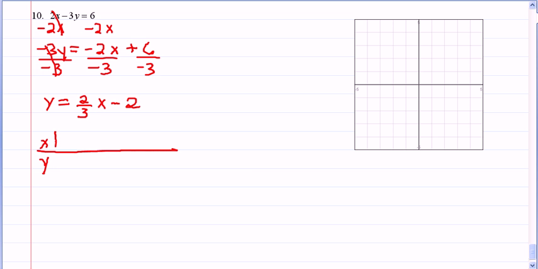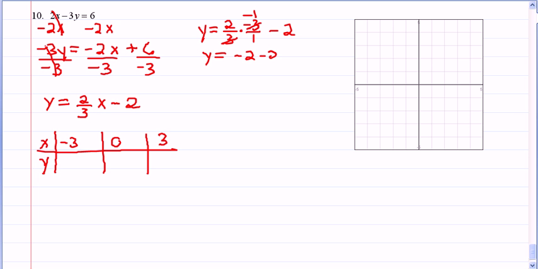And when I make my t-chart, because my fraction has a denominator of 3, I want multiples of 3. So that would be -3, 0, and +3. So I have y equals 2/3 times -3, and I'll put -3 over 1, minus 2. The 3's cancel, and I have y equals -2 minus 2, which is -4.